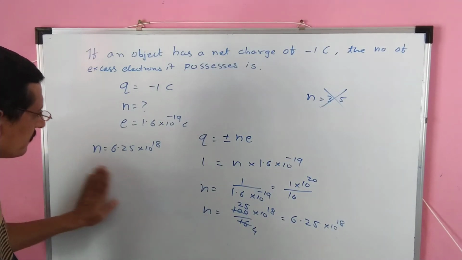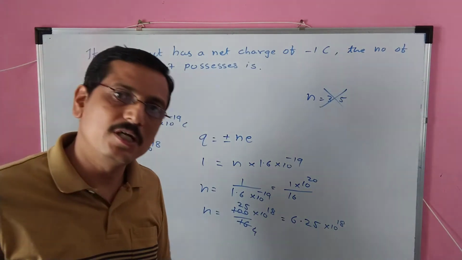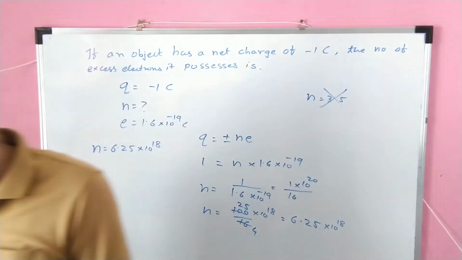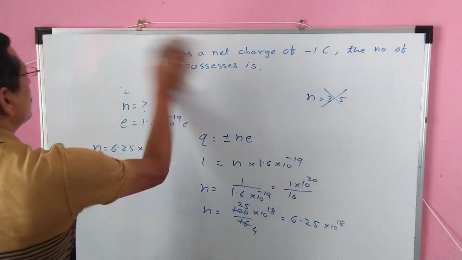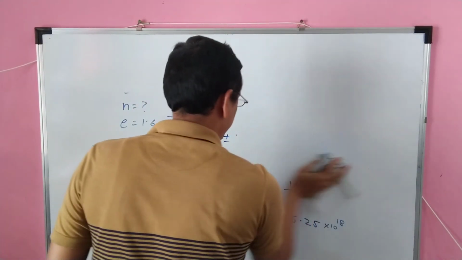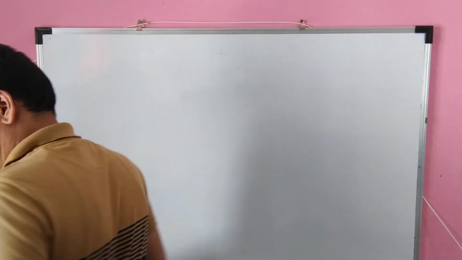Okay, so this is about the first question. I will solve one more question and then we'll stop our lecture. So let's check the next question. Very simple questions will come on this, students.